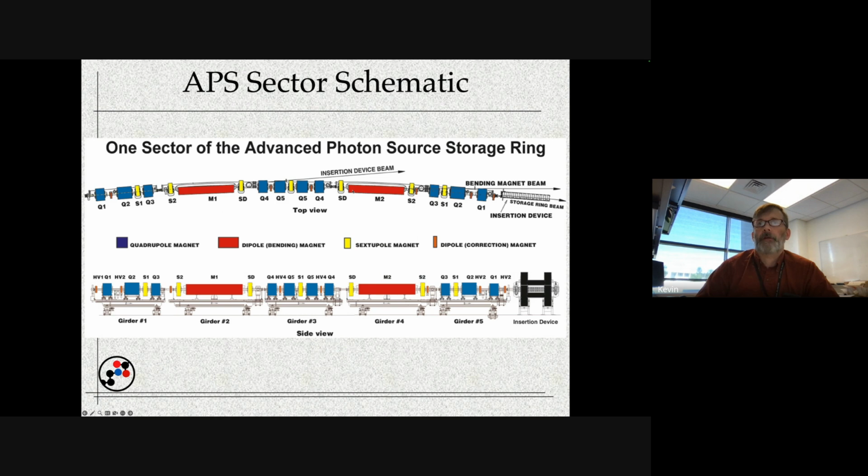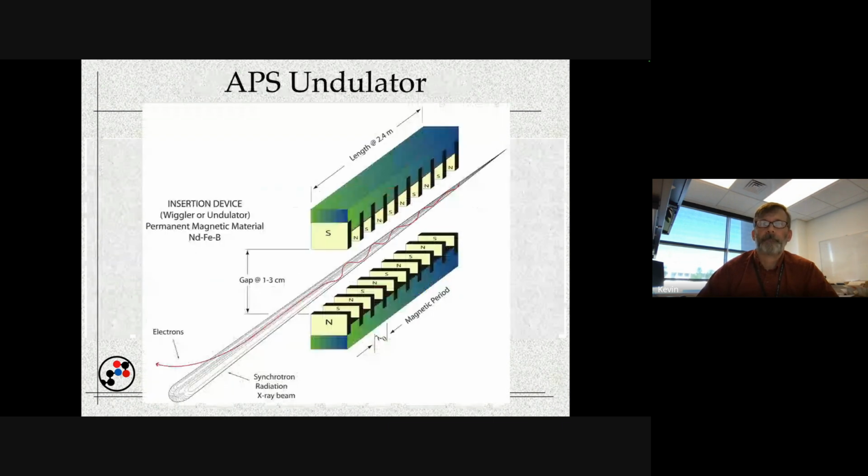Then you get a section where it's bent with a dipole magnet, and then another straight section, and then another bent section. So it's basically a series of straight sections with bends in them, and that's how they end up circulating things through the storage ring.